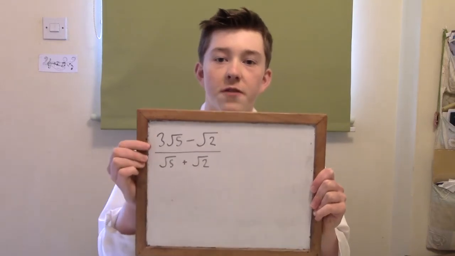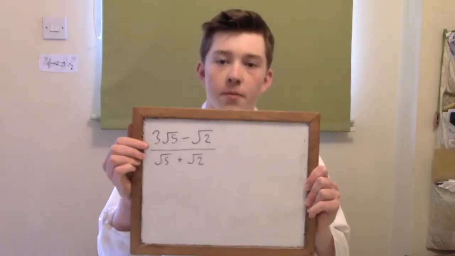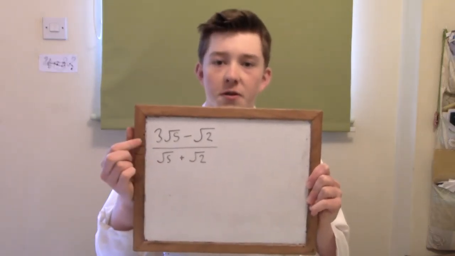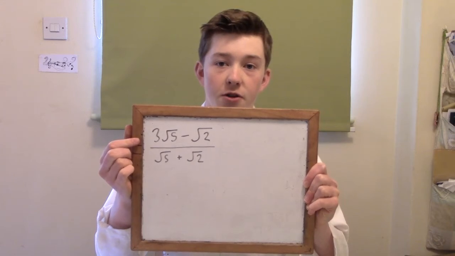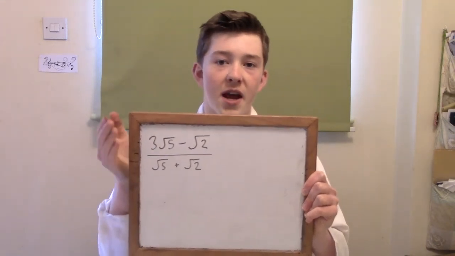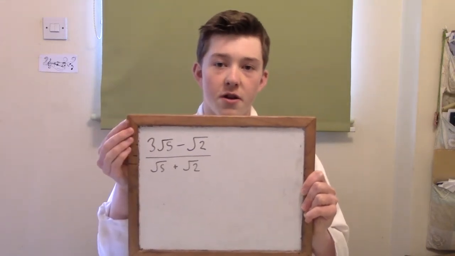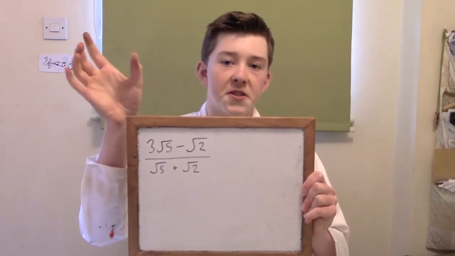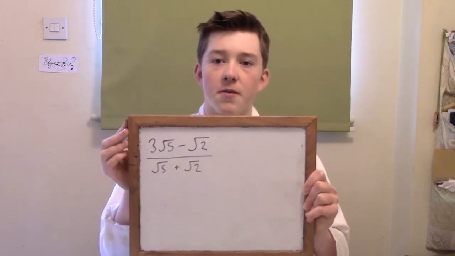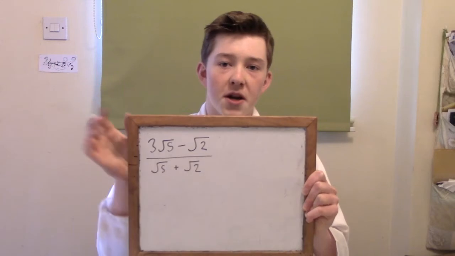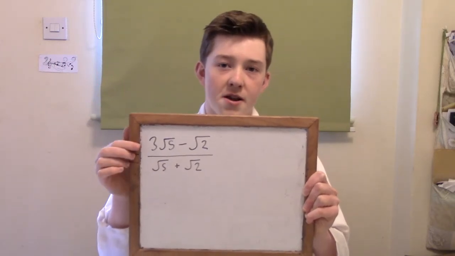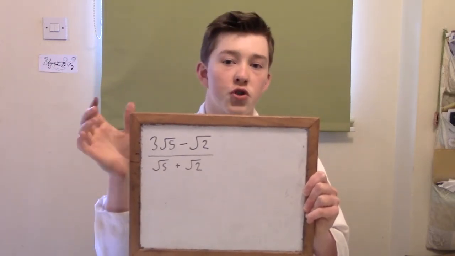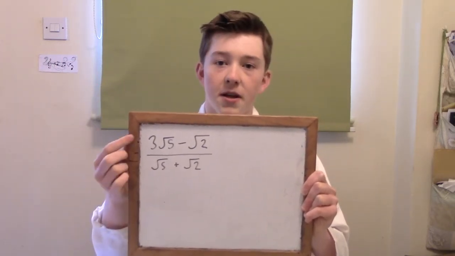This is a much more difficult example to solve because there's two different surds on the denominator of the fraction. What we do here is again multiply it by a fraction, but unlike before, we're not just going to multiply it by one surd over the same surd. Both the numerator and the denominator of the fraction we multiply it by will be what's called the conjugate of this denominator.